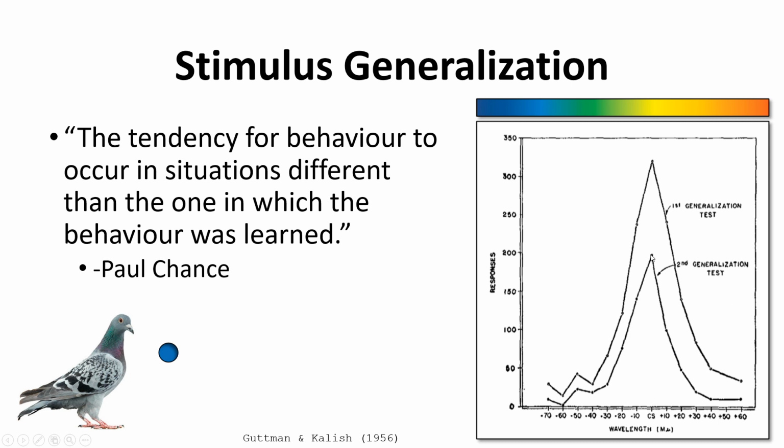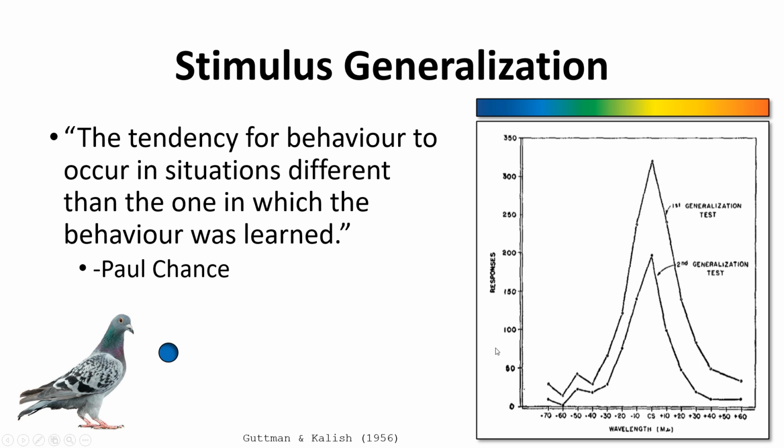Here, that discriminative stimulus corresponds with a particular wavelength of light, say somewhere in the yellowy green range. That very precise wavelength is what was present when pecking that key was reinforced. So they've learned that this specific wavelength is when pecking that key should get them food.